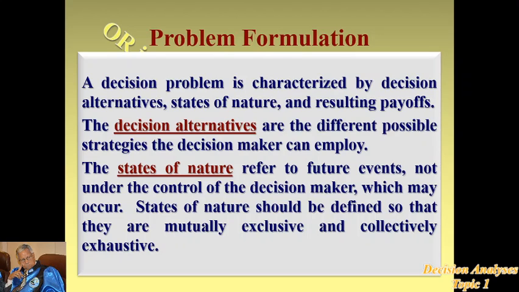So we define it as follows: the state of nature refers to the future event not under the control of the decision maker. States of nature should be defined so that they are mutually exclusive and collectively exhaustive.